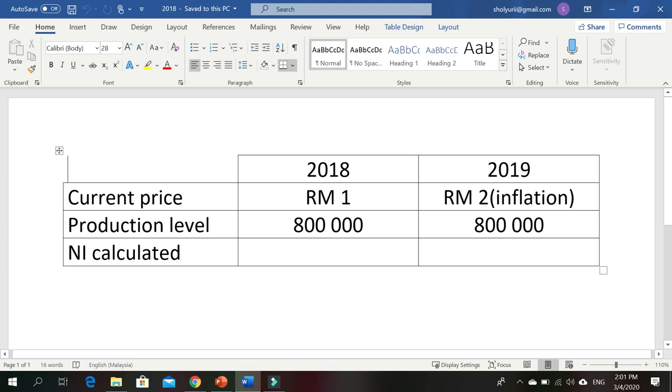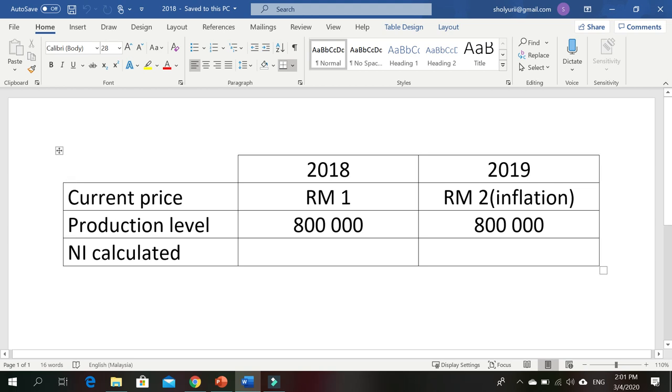So due to inflation, the price of the product increases to RM2. Dia meningkat. Tapi the production level of the product in 2018 is 800,000 product. 2019 pun production level dia sama, tak berubah. Tak ada peningkatan pun dalam production level.